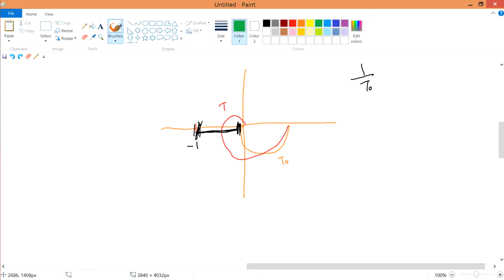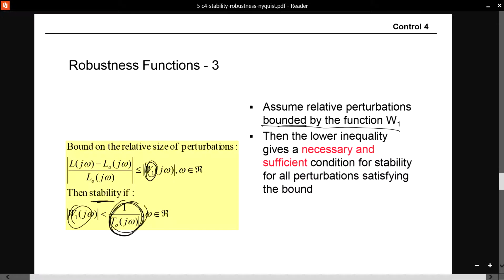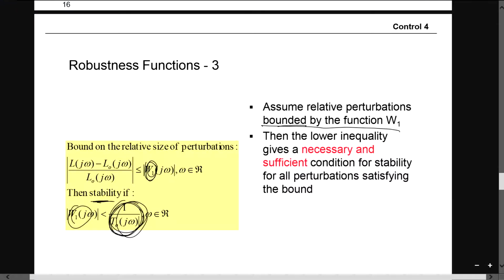So therefore I put this as W0, the bound. So I actually bound my system right here as W0. So this W0 is simply smaller than my 1 over T0. This is just the meaning shown over here. Even though this might not be exactly the meaning, at least it is something near there.